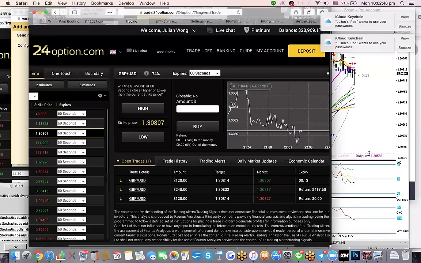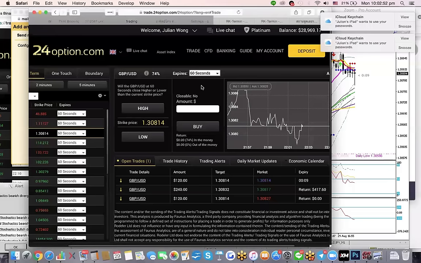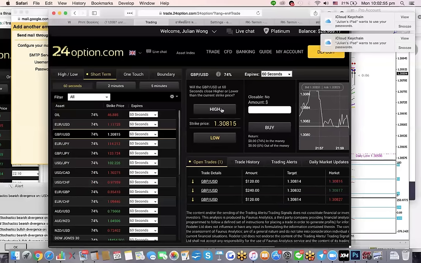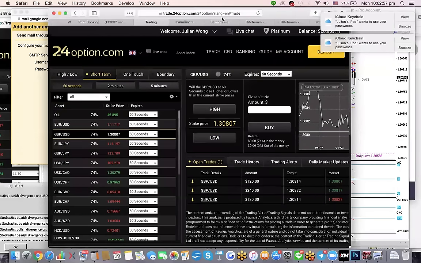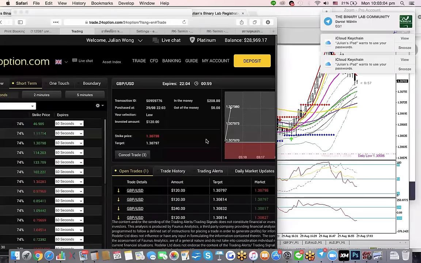Okay, it's still quite far from the RSI at the bottom. I'm going to set up for the same trade again, and take the trade one more time.